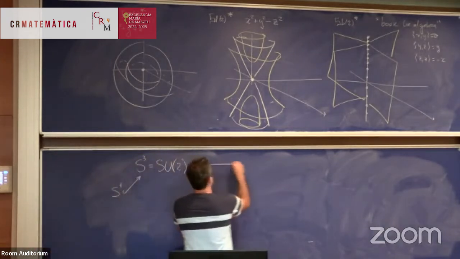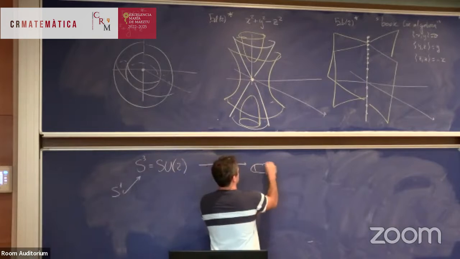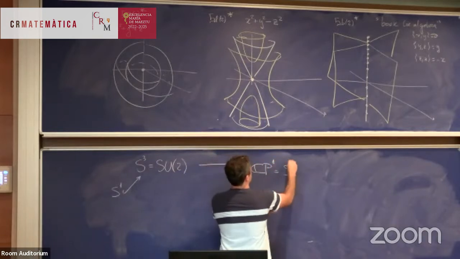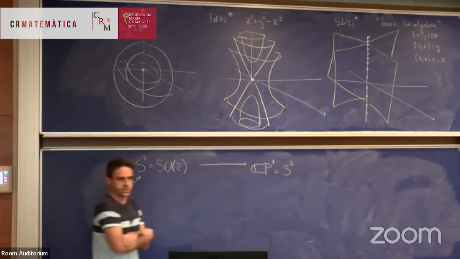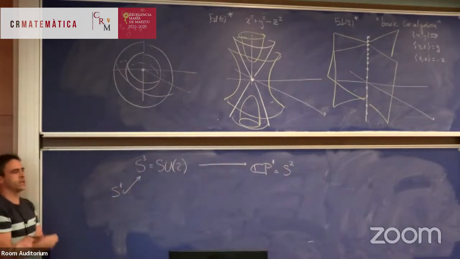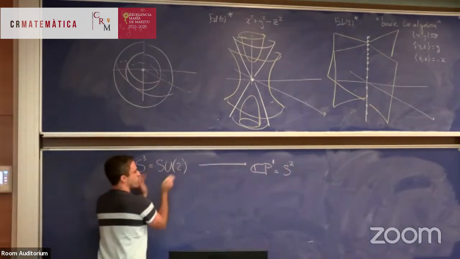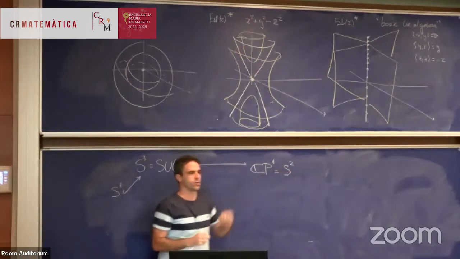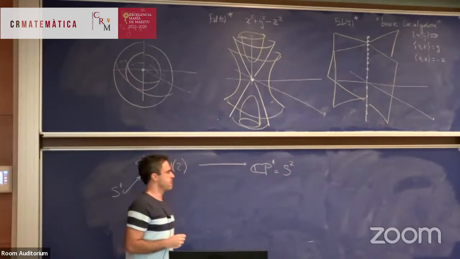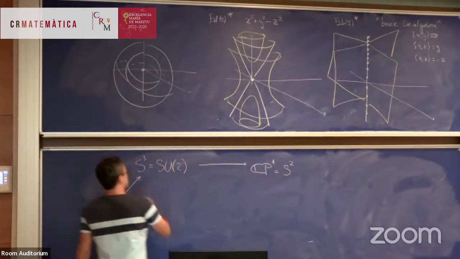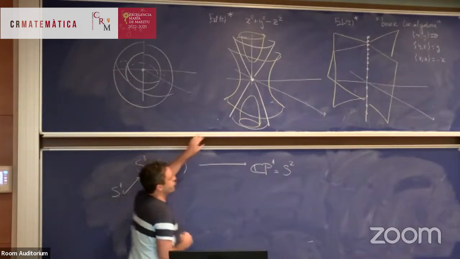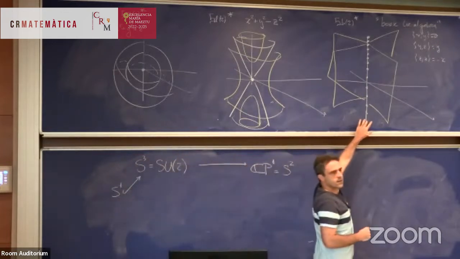And you have a quotient to CP1, which is S2, which is the Hopf fibration, right? So what I'm telling you is that this carries a non-trivial Poisson structure and this carries a non-trivial Poisson structure, okay? And the Poisson structure here is actually pretty similar to this.